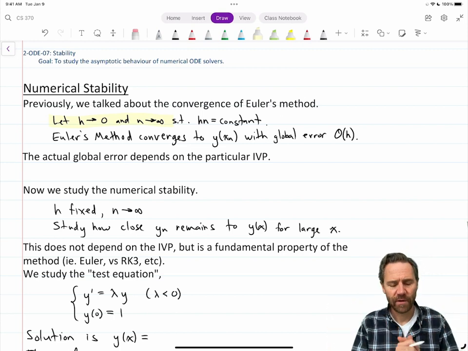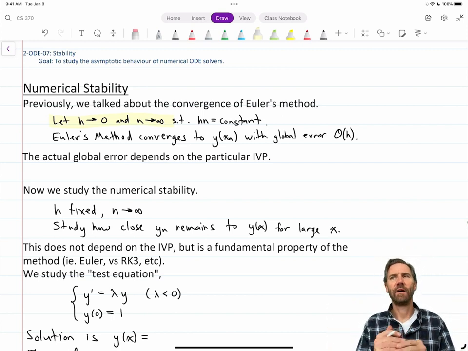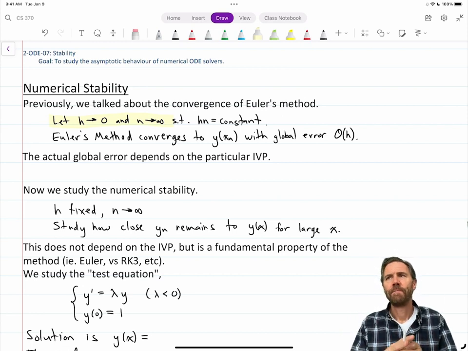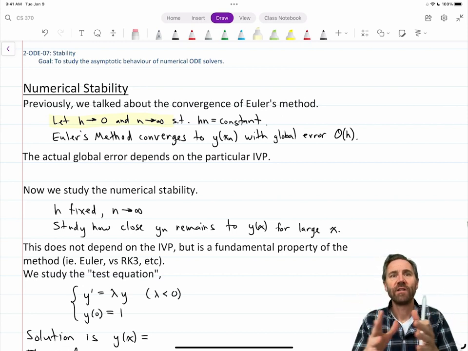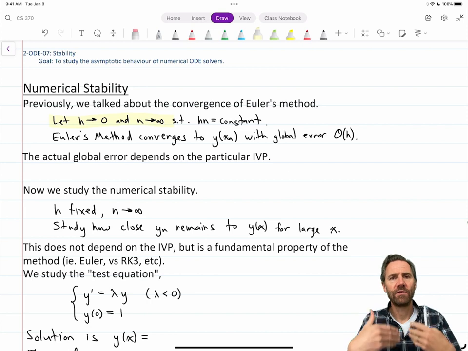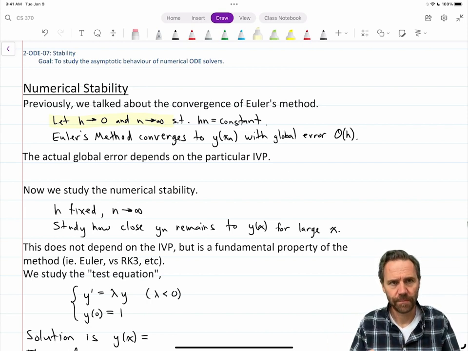So that's the type of convergence and asymptotic analysis of the accuracy, as the step size goes to 0.